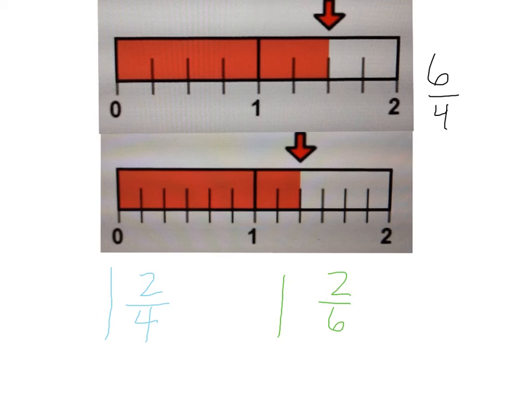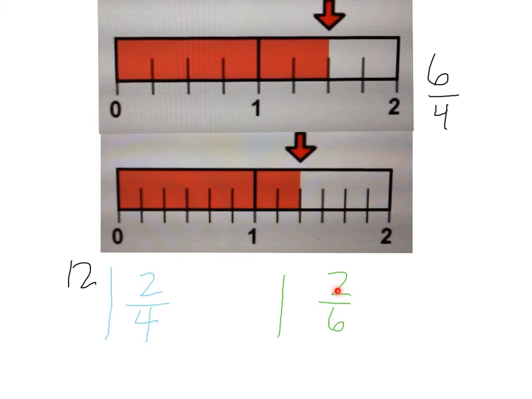Since my whole numbers are the same, then all I have to do is like I did before, I'm going to do bottoms up. I'm starting on the bottom of one fraction, the 6, times the 2, and 6 times 2 is 12. And then I start on the bottom of my other fraction, and I go up to the top of my other fraction, so bottoms up.